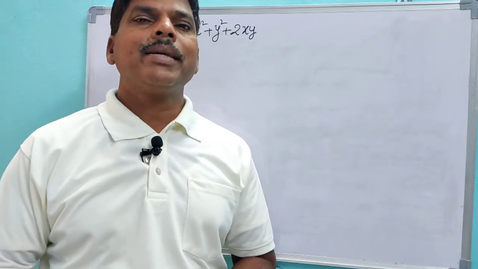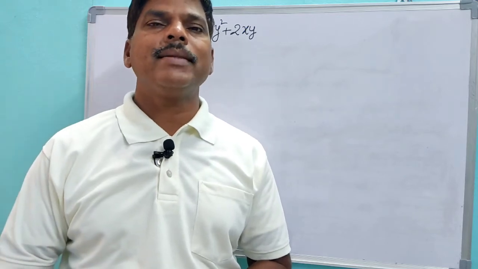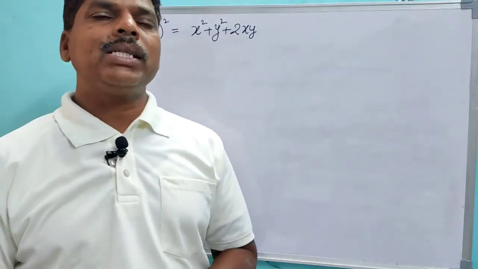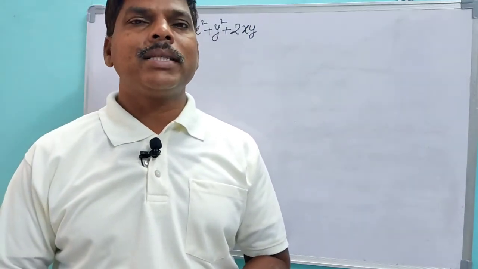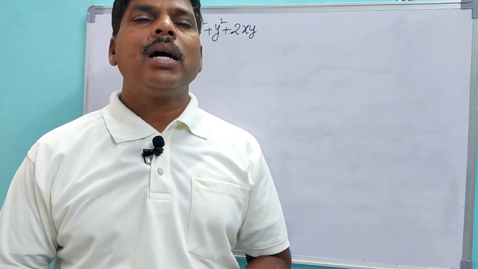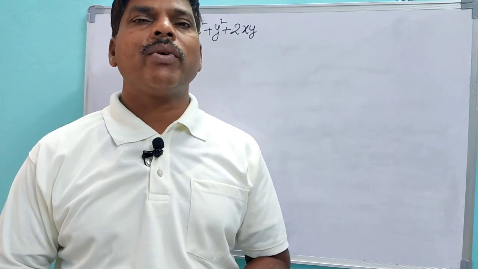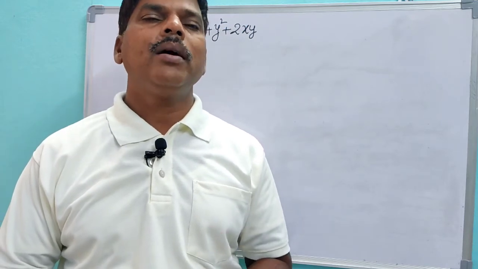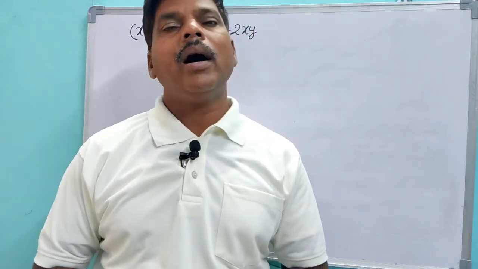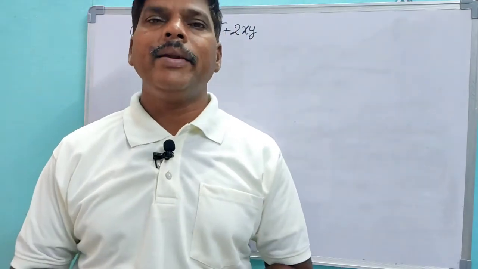That is, sin square theta plus cos square theta is equal to 1, second, 1 plus tan square theta is equal to sec square theta, and third, 1 plus cot square theta is equal to cosec square theta. So these are the three identities which are given in the syllabus, and how do we get these identities in detail?